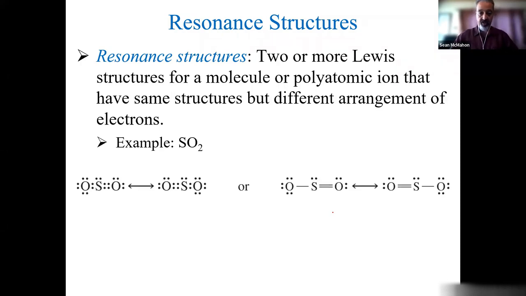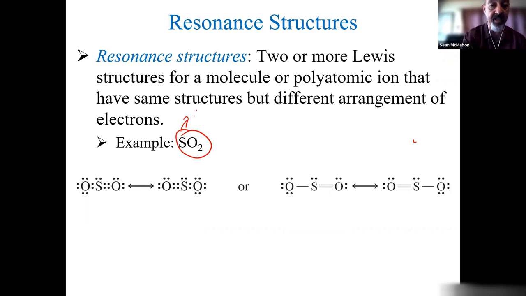So for SO2, I kind of jumped straight to the Lewis dot structure, so I'd like to actually draw the Lewis dot structure for you. Let's first do that. For sulfur, I need to figure out the total valence electrons first.